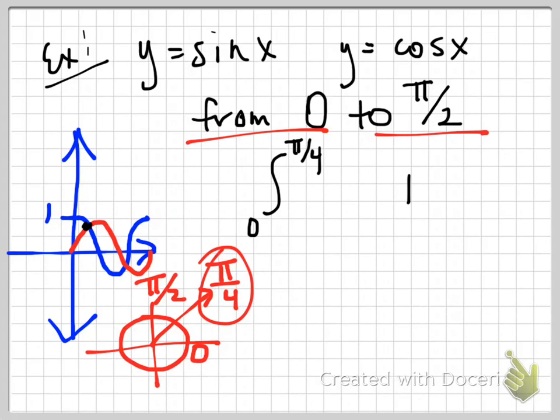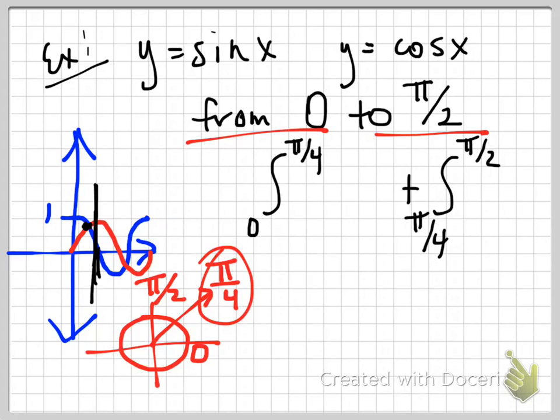And then I'm also going to have to do an integral that starts at pi over 4 and goes to pi over 2, because even though they don't intersect again, it is what they want us to stop for our interval.